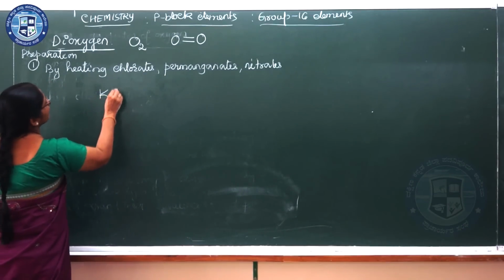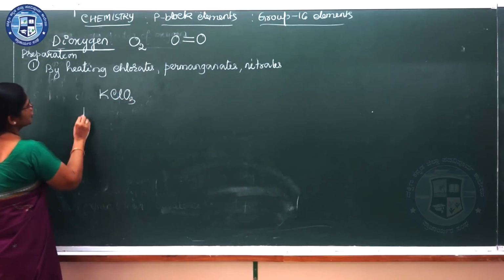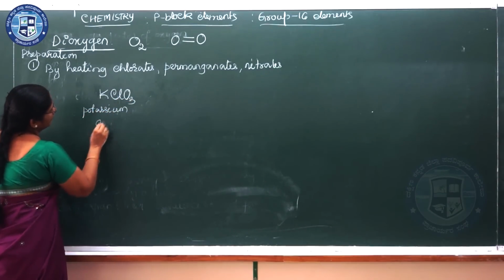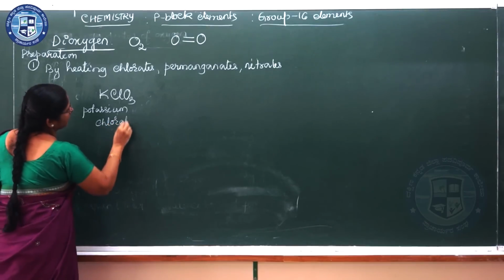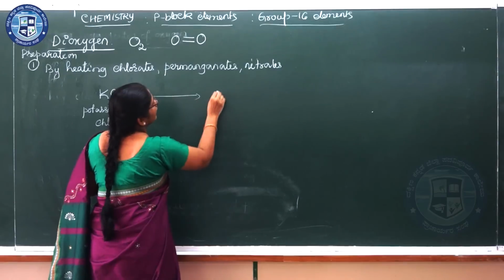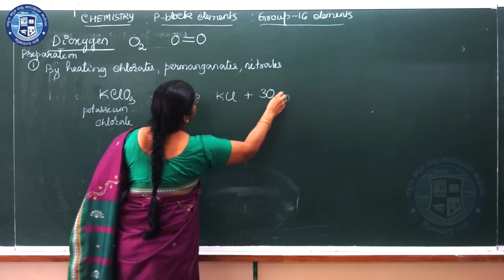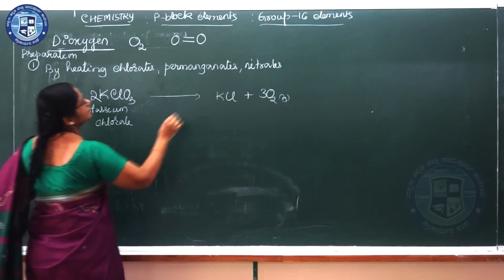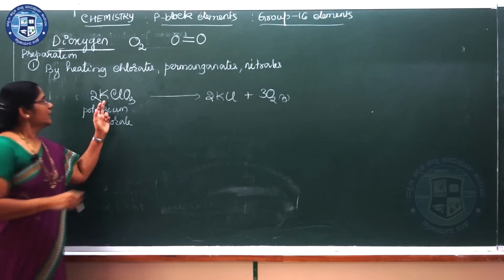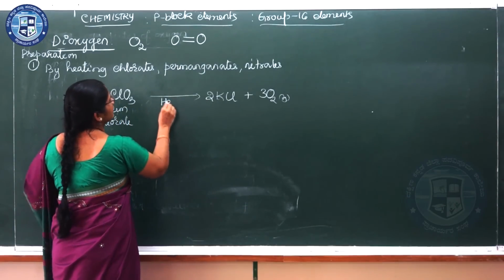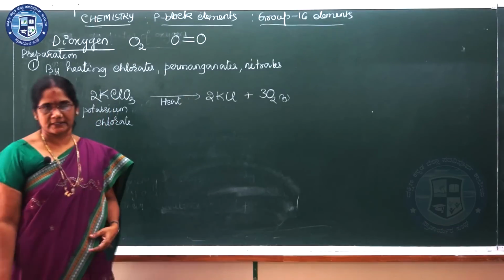For example, this is potassium chlorate, which when heated to high temperature gives potassium chloride with the evolution of oxygen gas. So potassium chlorate on decomposition when heated to high temperature gives potassium chloride and oxygen gas.